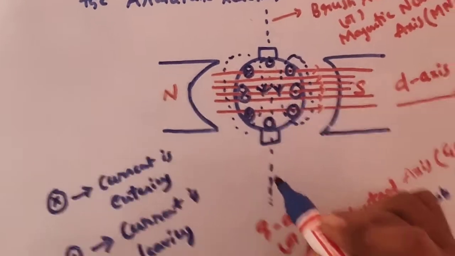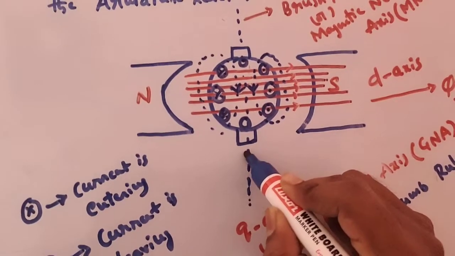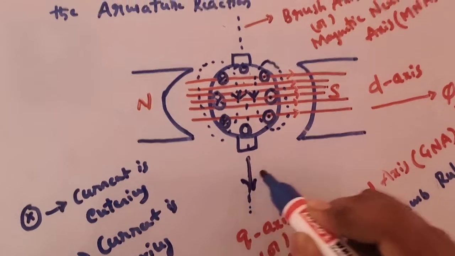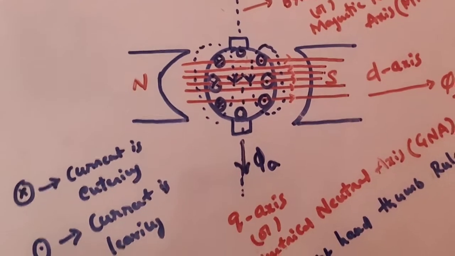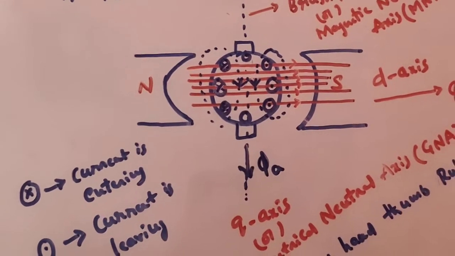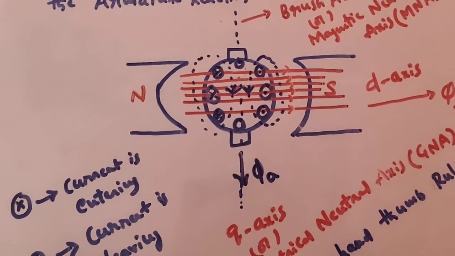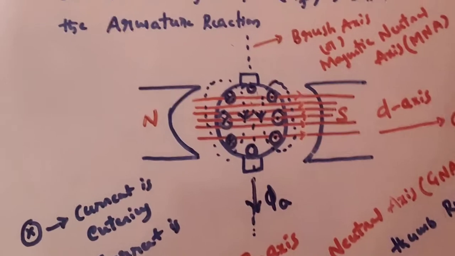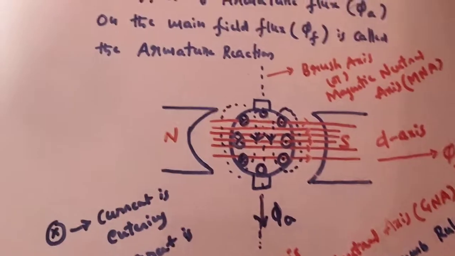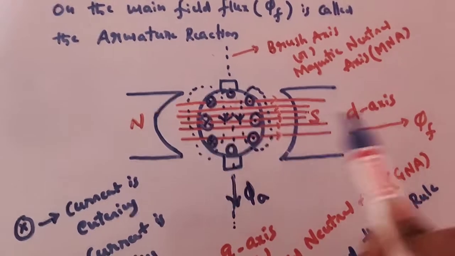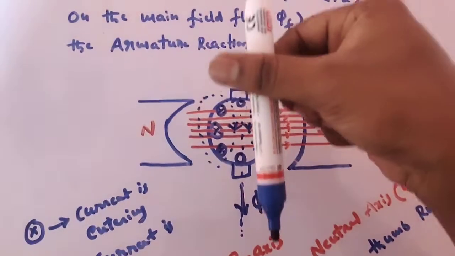Ultimately, my flux direction is downwards, and that flux is nothing but the armature flux. If you clearly observe, my main field flux is moving like this, and the armature flux is moving like this.